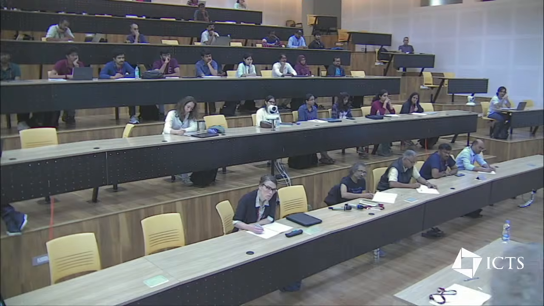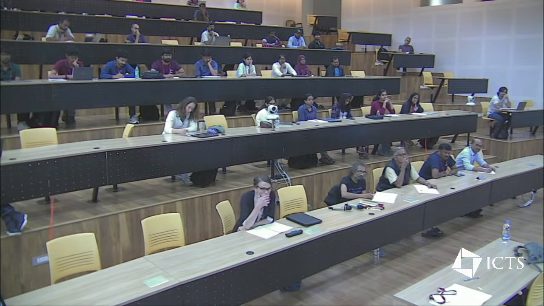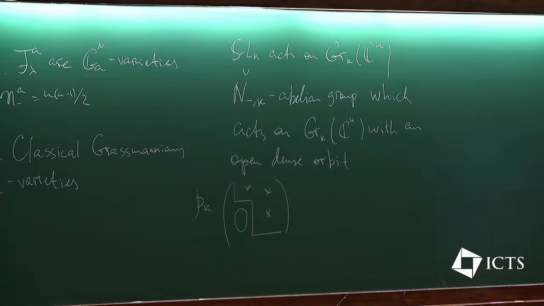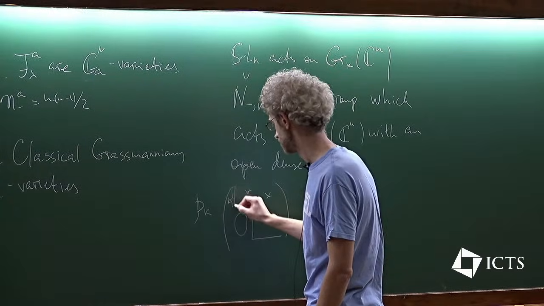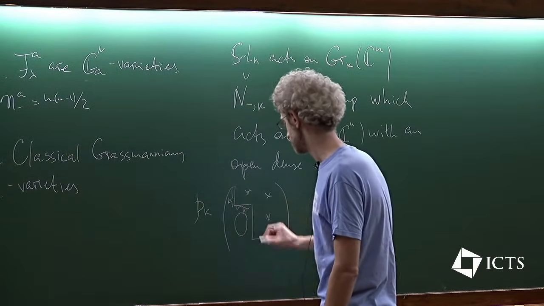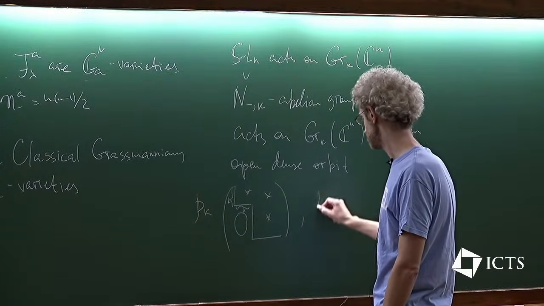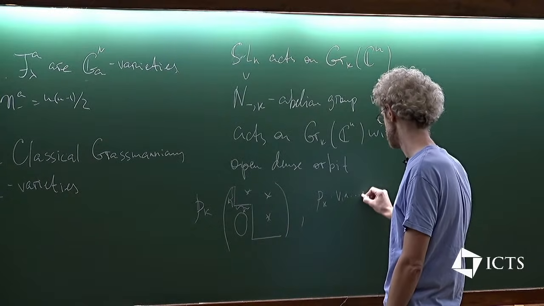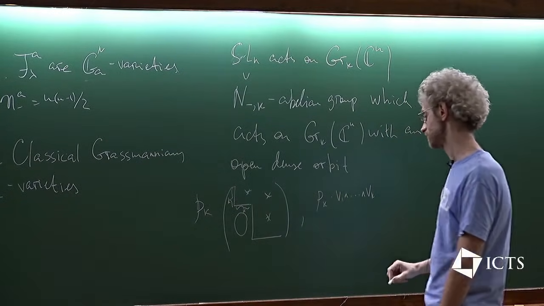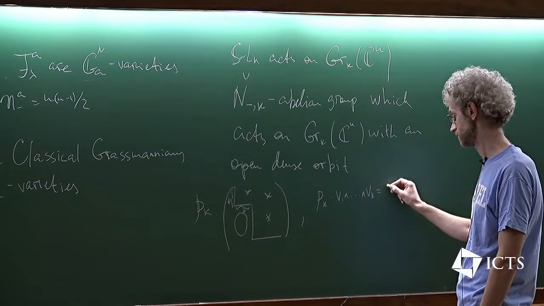Okay, then let us get back to this parabolic group, which is just the classical maximal parabolic corresponding to k. So this is the k by k part. And of course, if we take p_k and apply it to v_1 wedge ... wedge v_k, we are just getting 0.